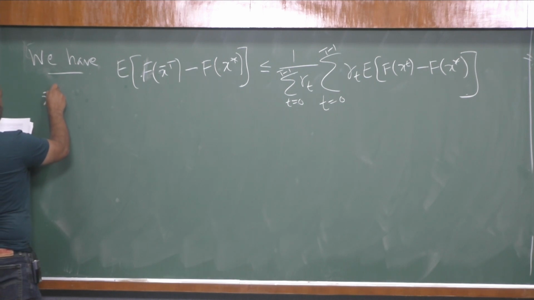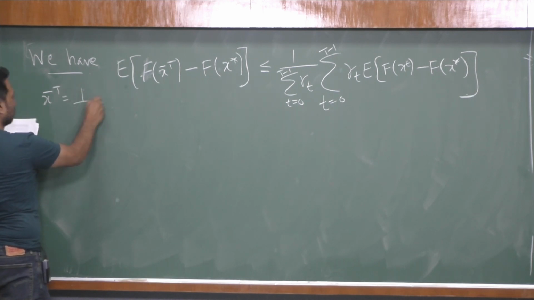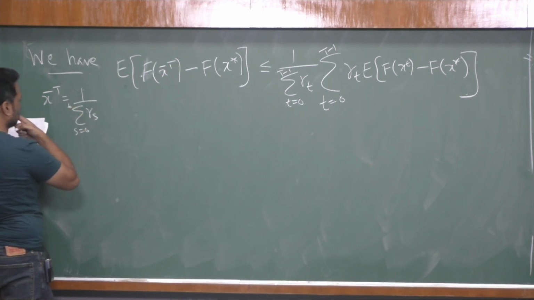given that x bar_T is defined to be, as you recall, the weighted average. That's why gamma_t is showing up in the sum of gamma_s, s equals 0 to T minus 1.